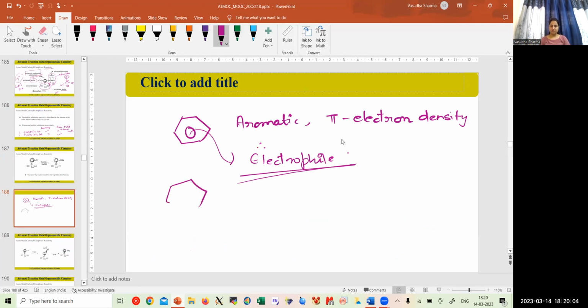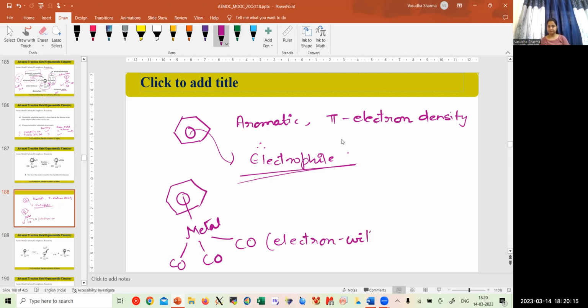Whereas if this ring now is connected with a metal having electron withdrawing groups, carbonyl. These are electron withdrawing groups. So when we have these electron withdrawing groups connected with a metal, they will try to take up the electron density from the metal because they are directly coordinating with the metal.